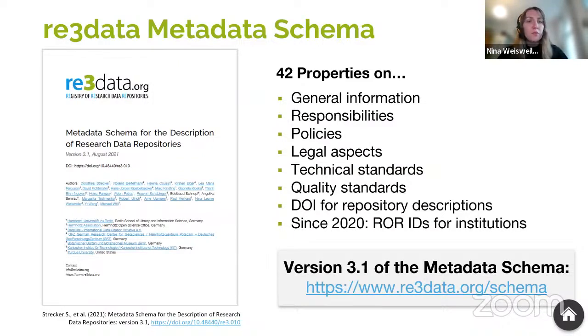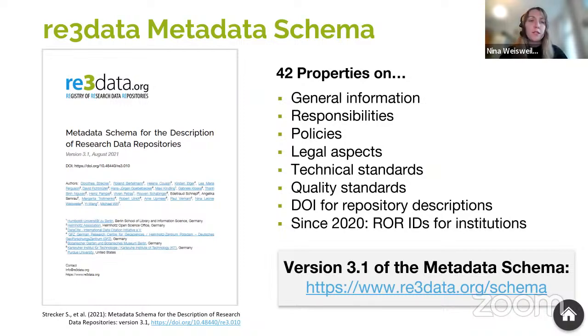Those 42 properties cover lots of different aspects of repositories. You have general information, institutional information, information about policies, standards, certification of a repository, and quality standards. This is also something where the big quality survey that has been conducted will influence the newest version of the schema.